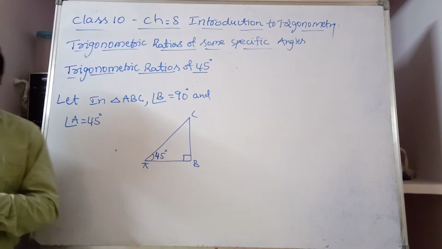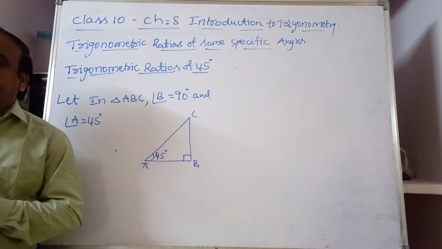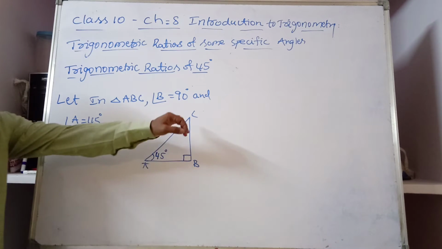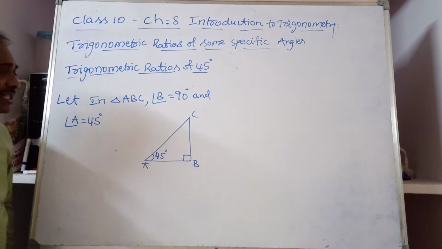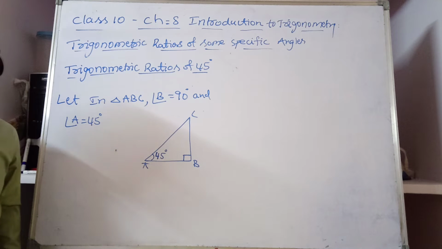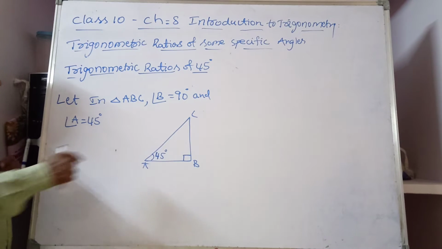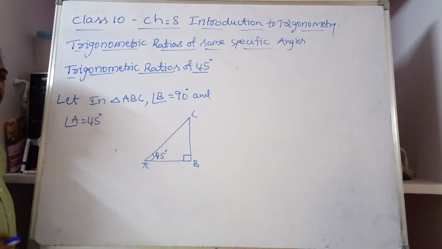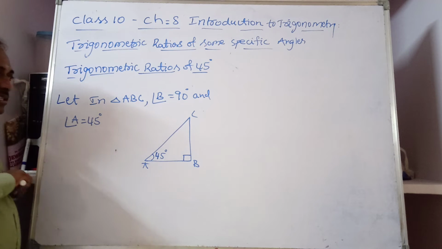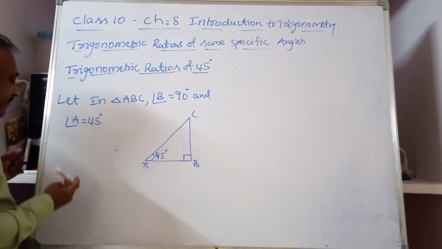Now tell me, what could be the angle C? Yes, you are right. Angle C is also 45 degrees. Why? The sum of the three angles in a triangle is 180 degrees. One angle is 90 degrees and angle A is 45 degrees, so definitely angle C will also be 45 degrees.